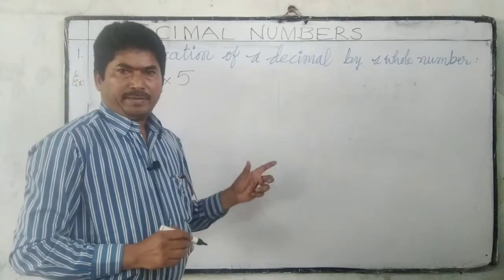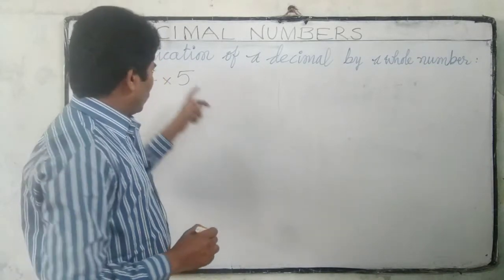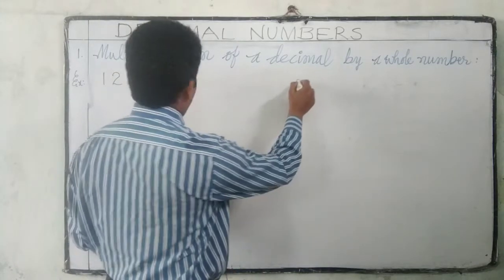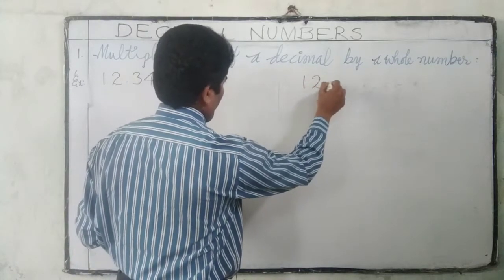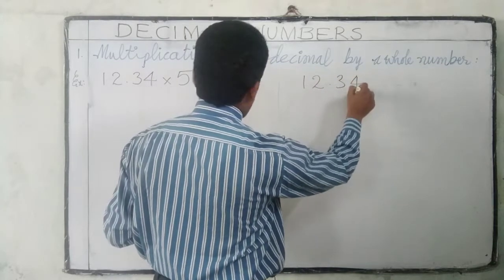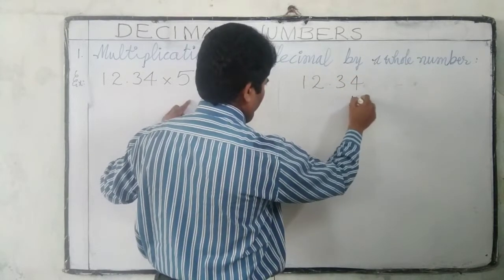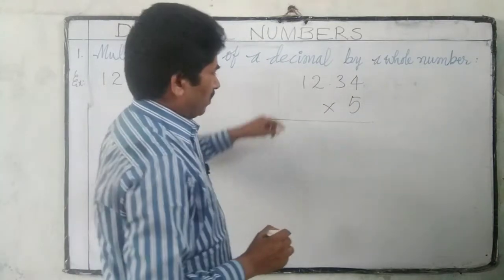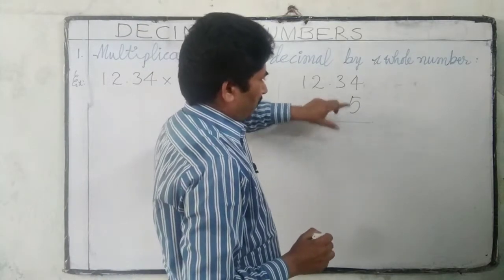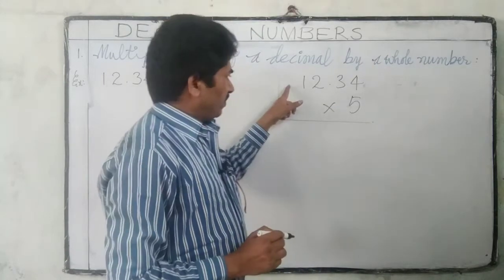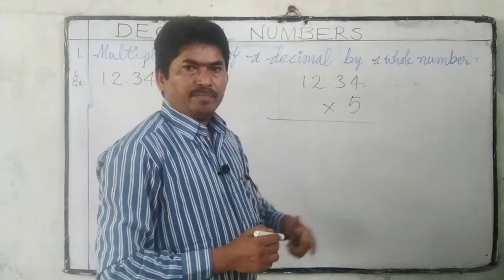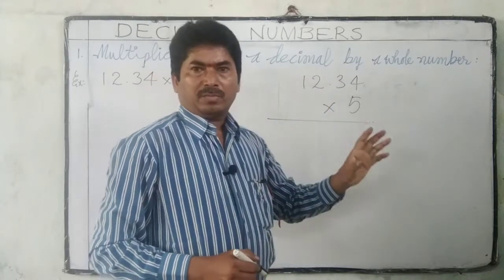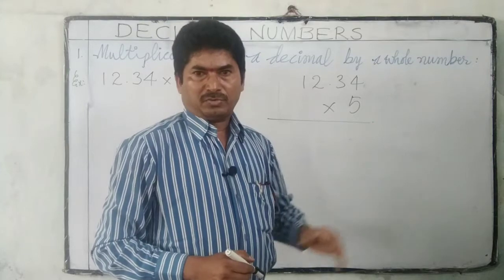To multiply easily, we have to write this in column. 12.34, 5. This is a column method. To multiply a decimal by a whole number, we have to follow just like a whole number.